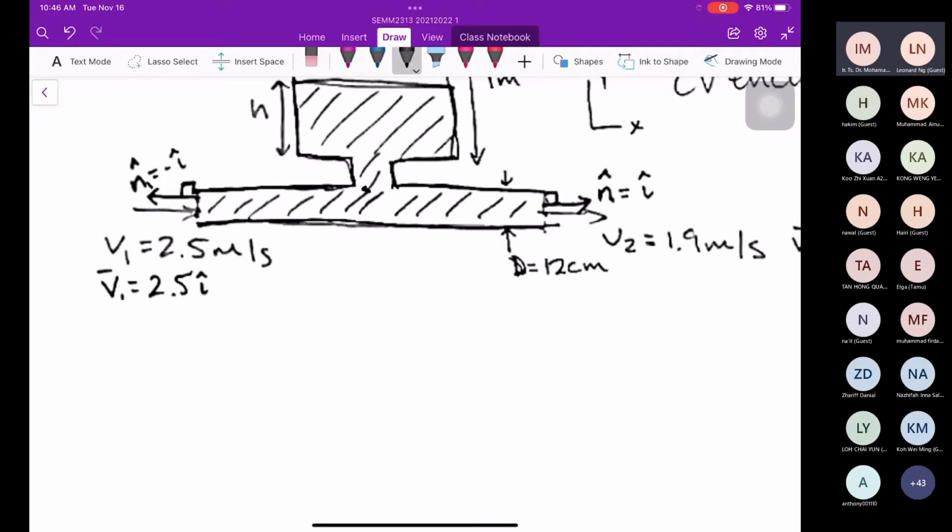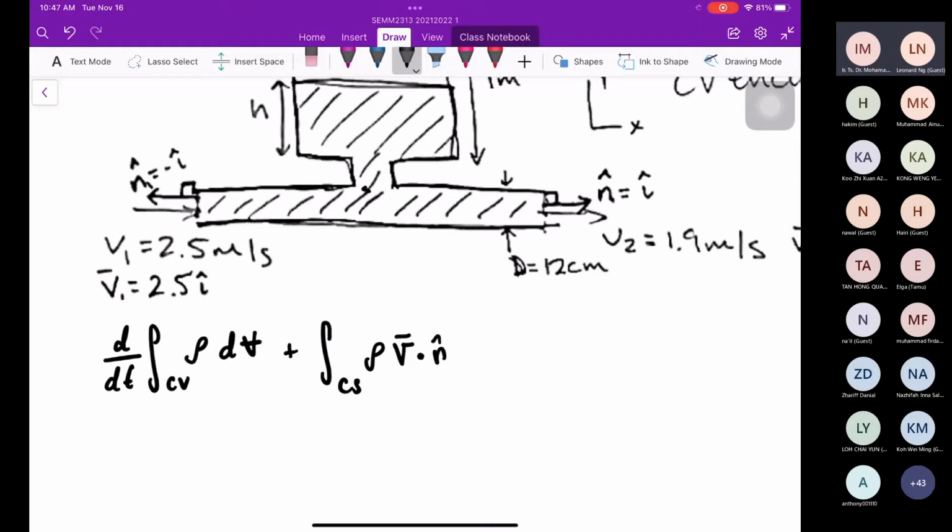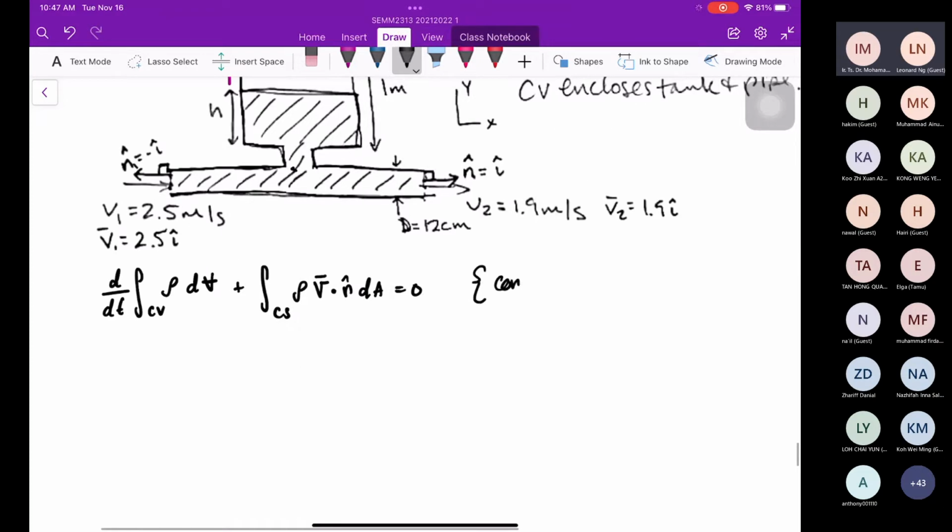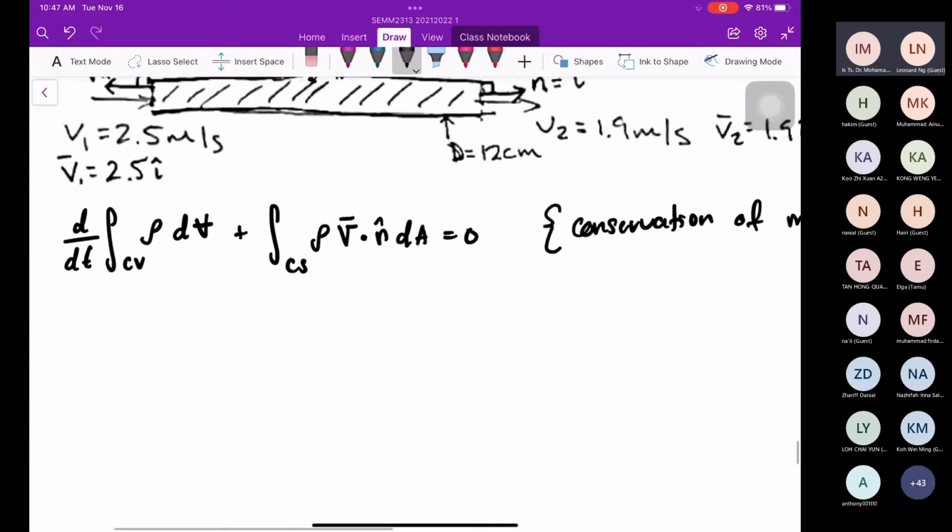Recall, this is the change of mass in the control volume with respect to time, d over dt of the integral of rho dV, plus the control surface integral of rho velocity average dot normal dA equal to 0.